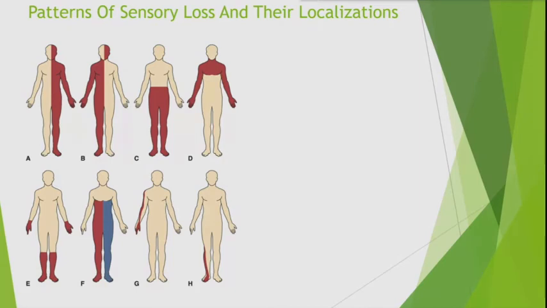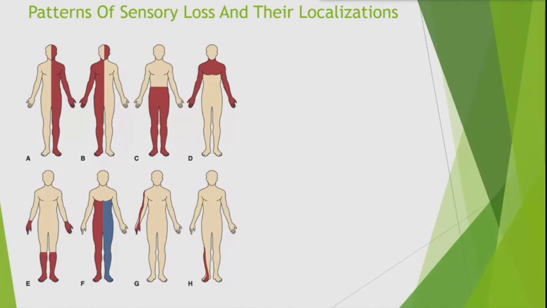Picture E represents generalized peripheral neuropathy. Why do you use the term generalized? Peripheral neuropathy, okay. Now coming to picture F, you find this type of pattern. One side is paralysis, opposite side you find anesthesia, and a band of hyperesthesia around. Brown-Séquard syndrome.